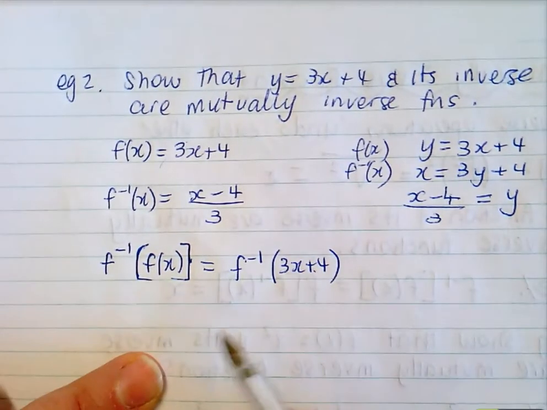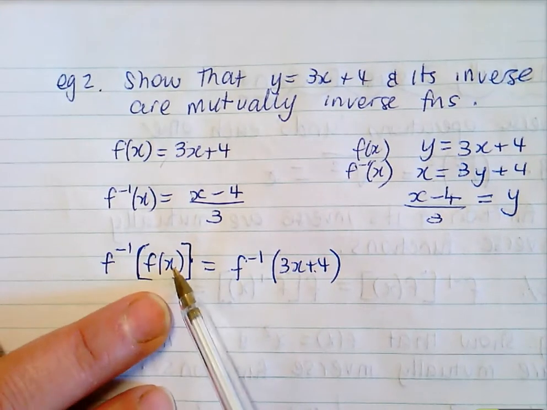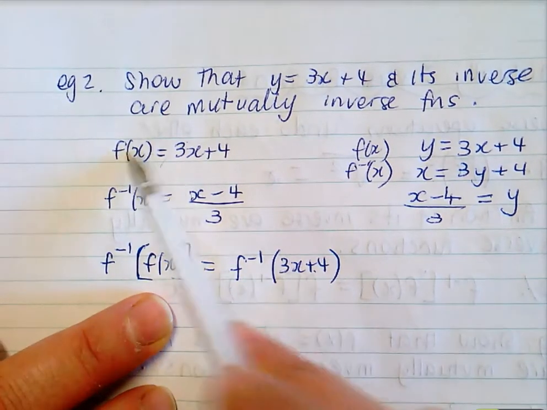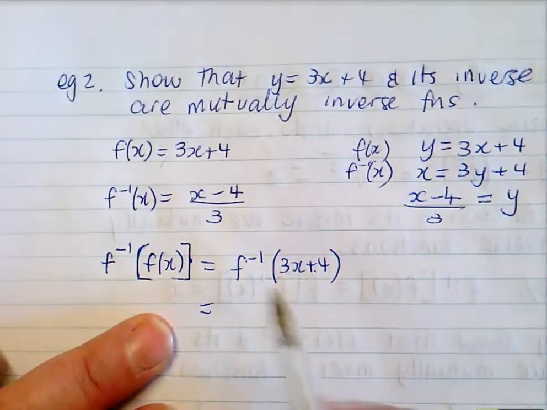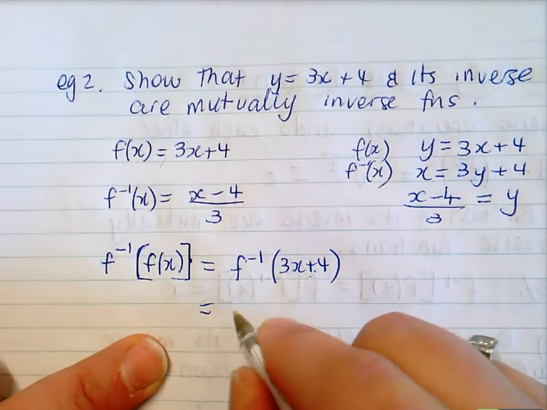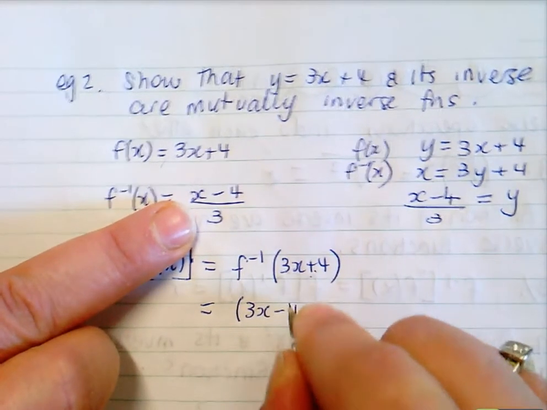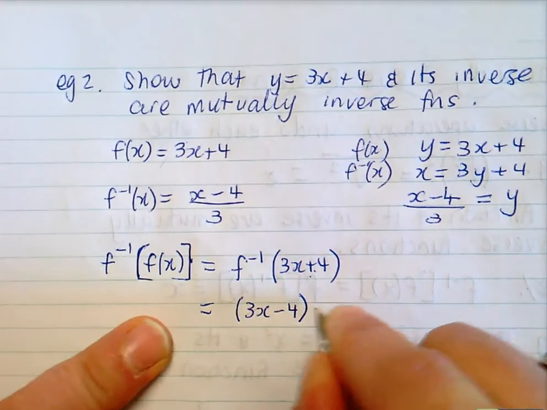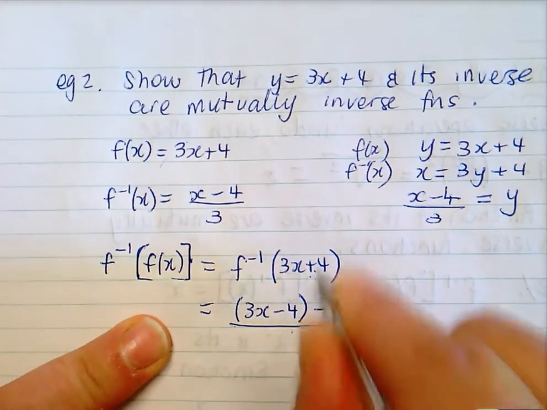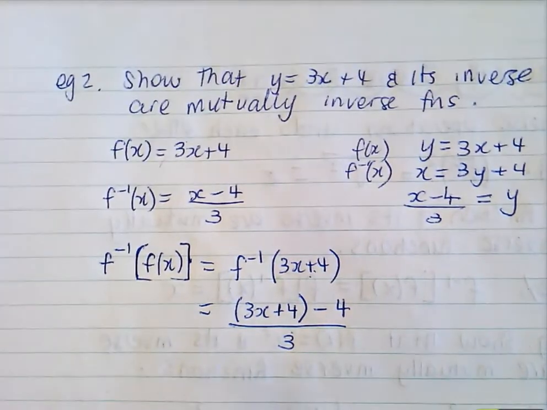The 3x plus 4 is going to get substituted in. It's the inverse of the function of x, which is 3x plus 4. So the 3x plus 4 gets substituted into the inverse function. So I replace the x with 3x plus 4, minus 4, over 3. Do you see that?